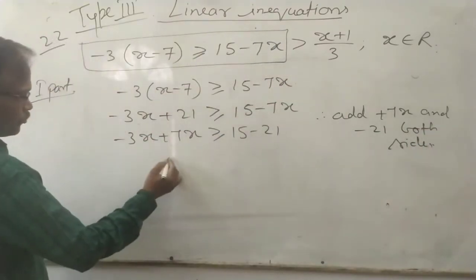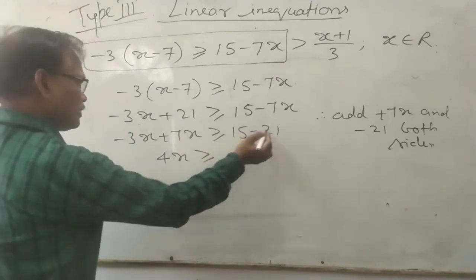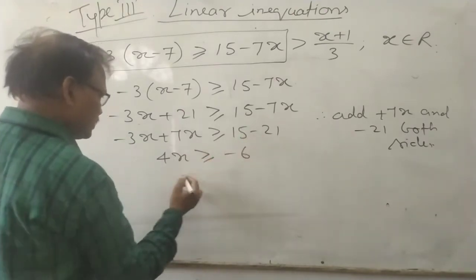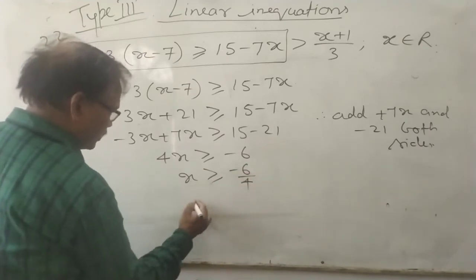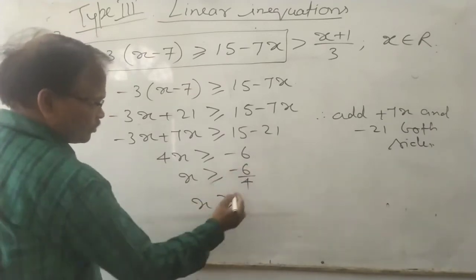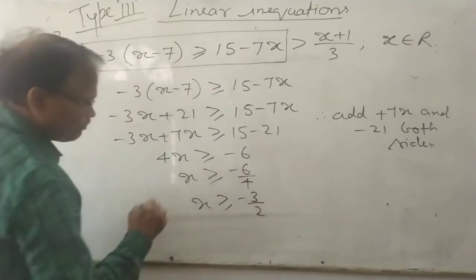Clear? So it is 4x and 15 minus 21 is minus 6. So x is greater than or equal to minus 6 by 4, or x is greater than or equal to minus 3 by 2.